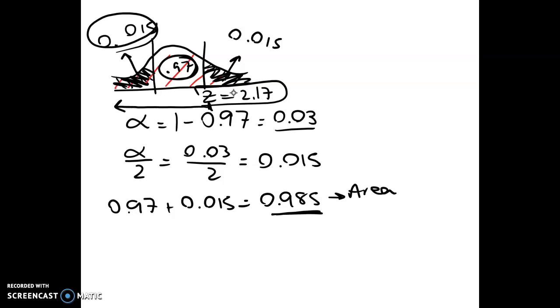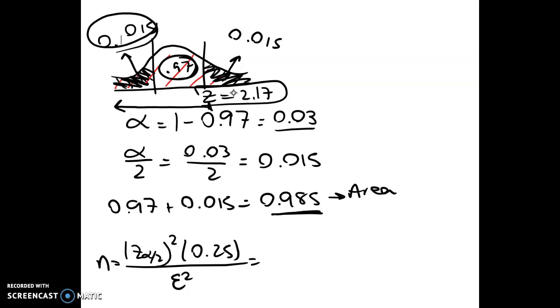All right, and we said that the sample size that we were going to use was z squared times 0.25, because we don't know what p hat and q hat are, divided by the margin of error squared. Okay, so 2.17 squared times 0.25.